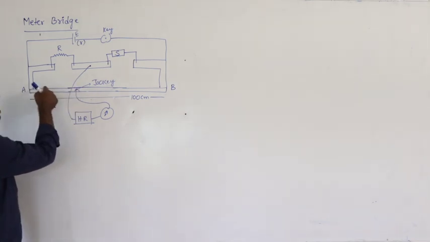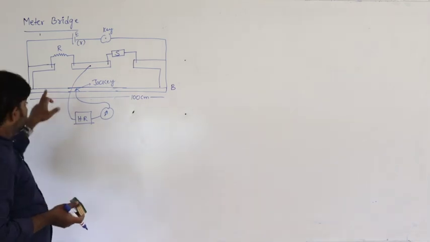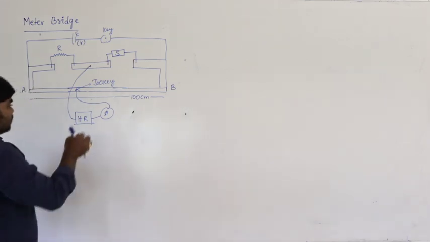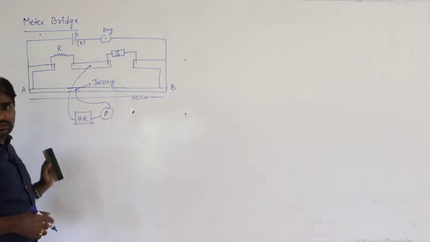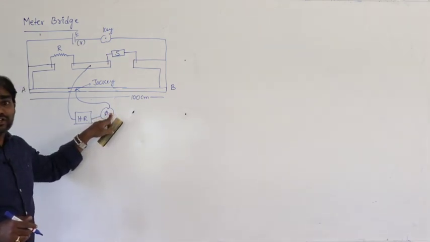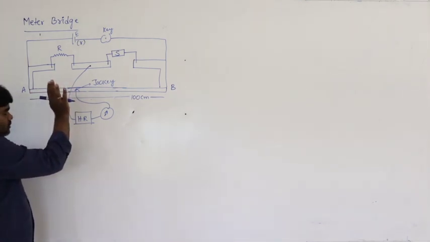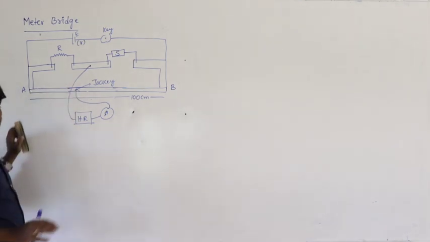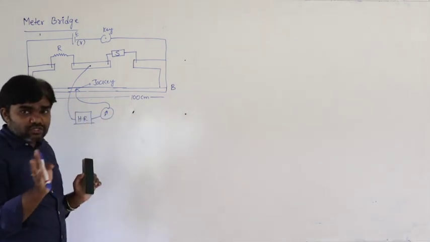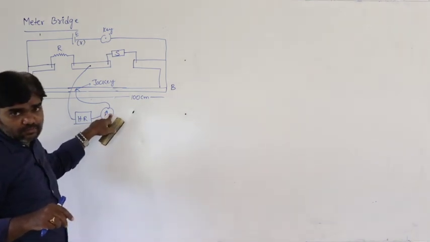If the jockey is moving on the uniform wire, the galvanometer shows deflections, but at a particular instant the galvanometer shows null deflection. While the jockey is moving on the wire, the galvanometer shows deflection because of the current passing through it.